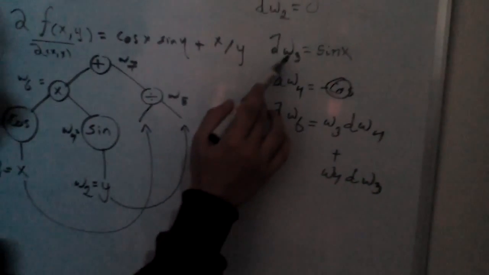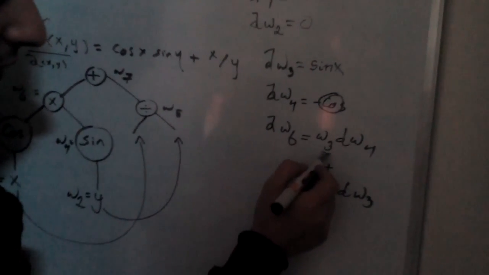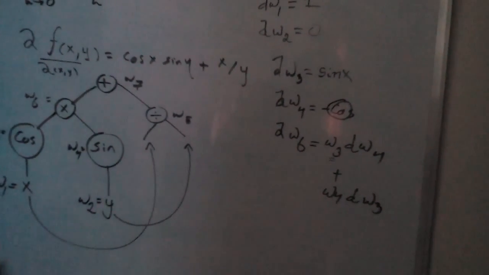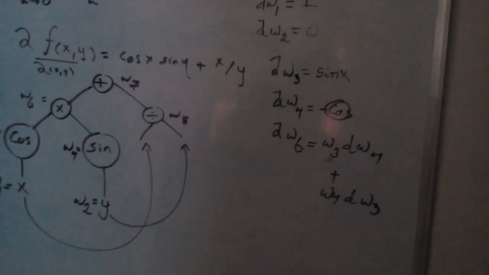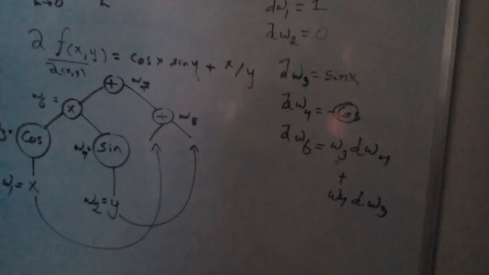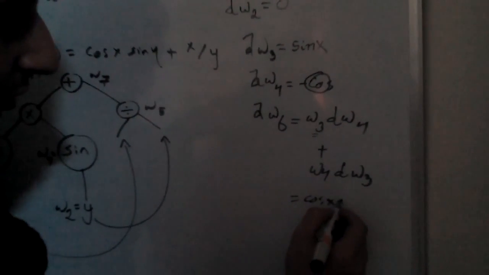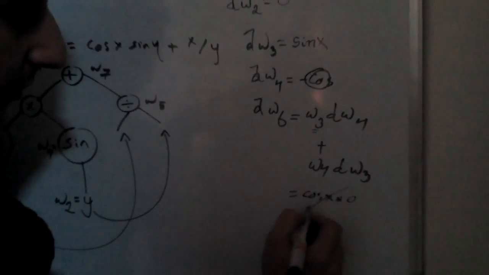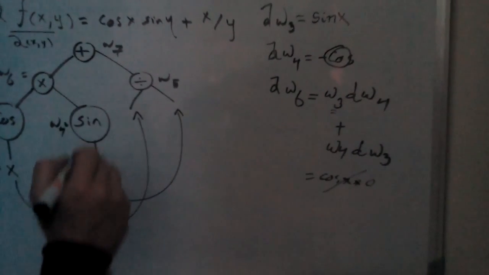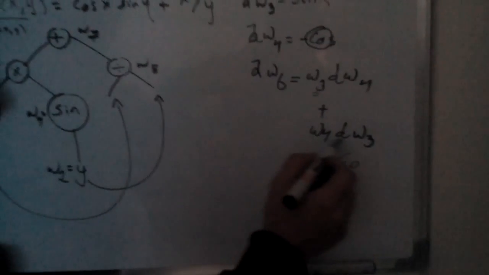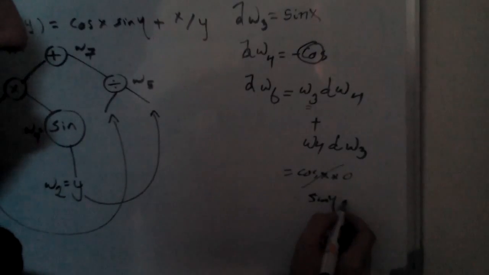So we have got omega 3 sine x, we have got d omega 4 0, and omega 3 itself was the cosine of x. So this becomes cosine x multiplied by 0, it goes away. So this factor is eliminated, and then omega 4, which is a sine y, multiplied by d omega 3 sine x.